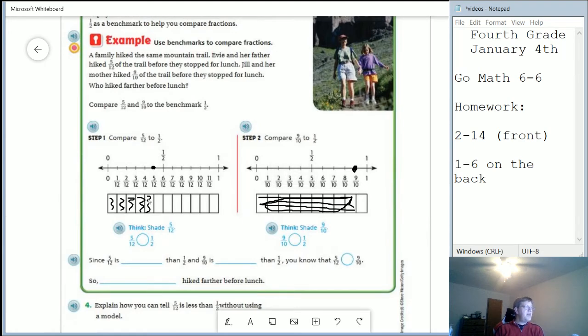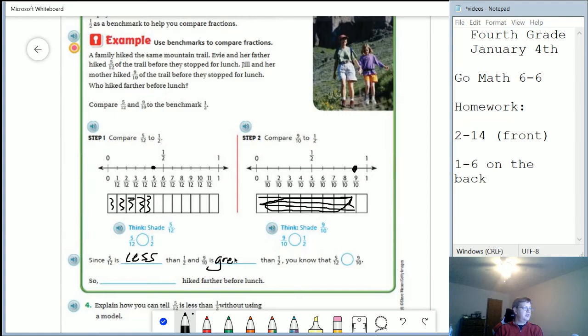So 5/12 is going to be less than 1/2. 9/10 is going to be greater than 1/2. And so 5/12 is going to be less than 9/10.